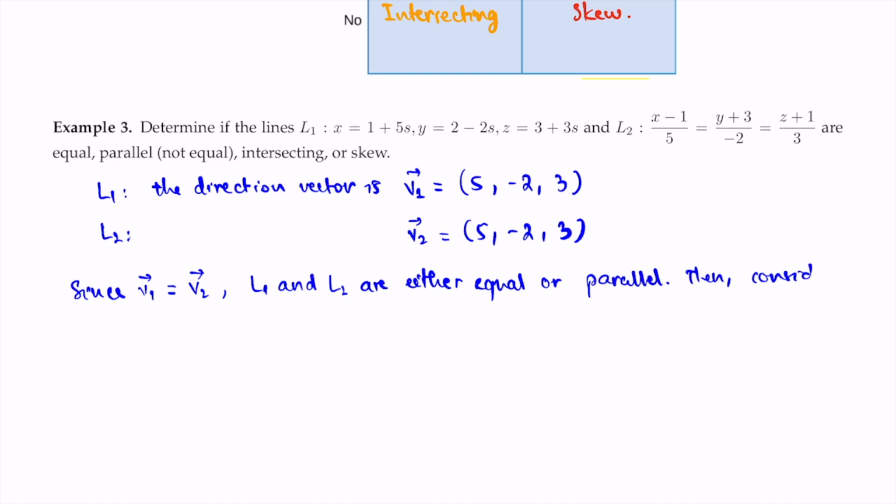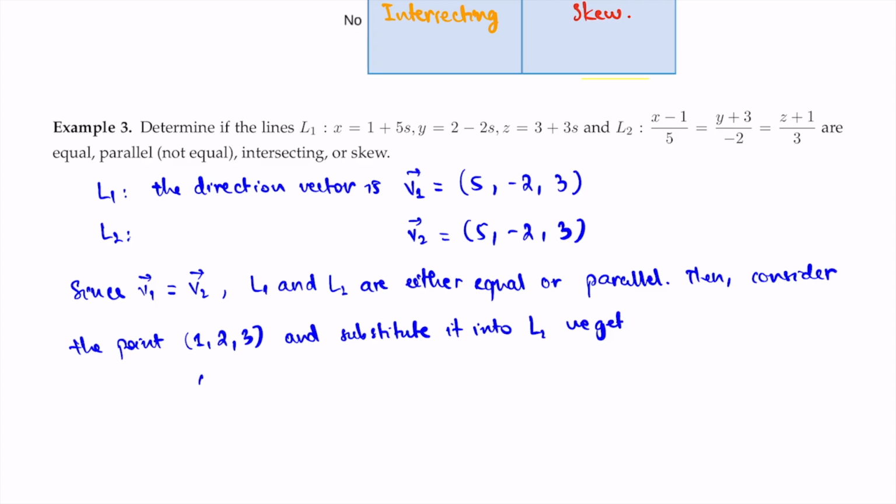Then consider the point (1, 2, 3) and substitute this into L2. We get that (1 minus 1) divided by 5 is equal to 0. Then (2 plus 3) divided by negative 2 is equal to negative 5 over 2.